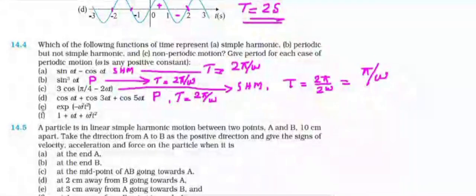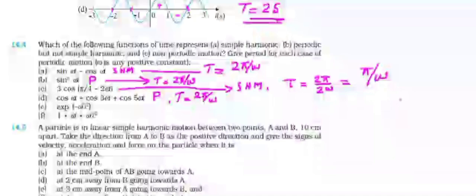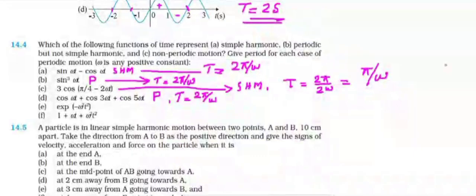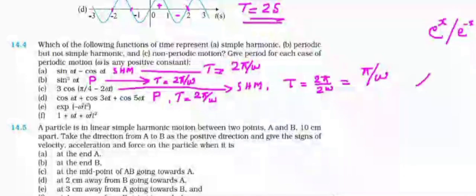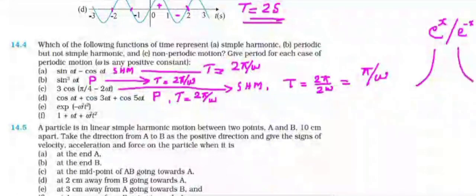Then next we have the exponential, e raised to minus omega square t square. Exponential functions, we write e power x or e power minus x. These two functions represent either a smooth increase if it is e power plus x, or a smooth decrease, e power minus x.